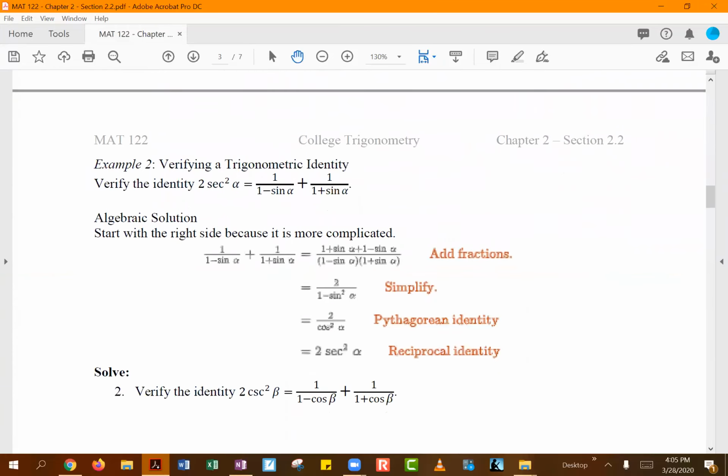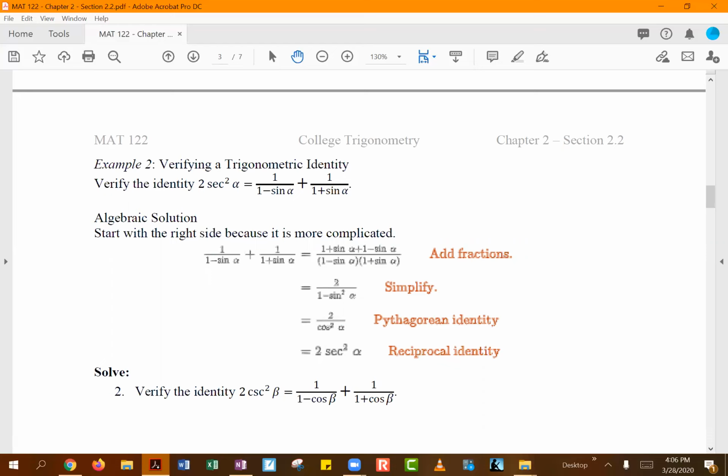All right, guys, let's go on to example 2 here. Again, they're asking us to verify the identity. We are given 2 secant squared alpha, and that is equal to 1 over 1 minus sine alpha plus 1 over 1 plus sine of alpha. So what we're actually going to do here is start on the right-hand side, because obviously you can see that's the more complicated side.